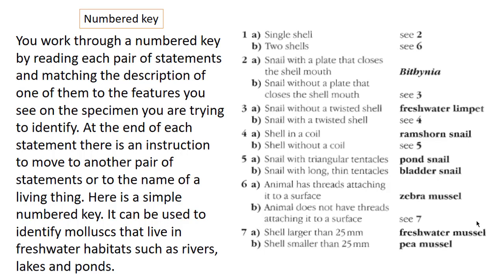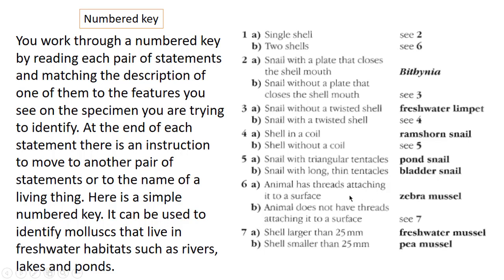So we have already identified the single shells. Now we are going to move to two shells. In the numbered key, we go to number 6 for the two shells. Here the animal has threads attaching it to the surface.